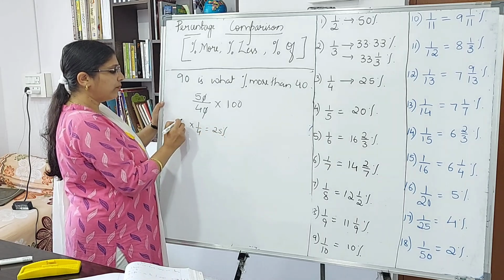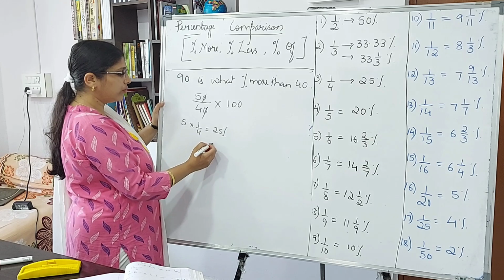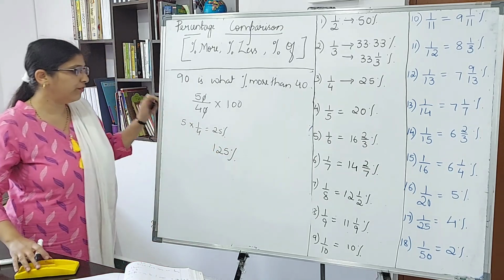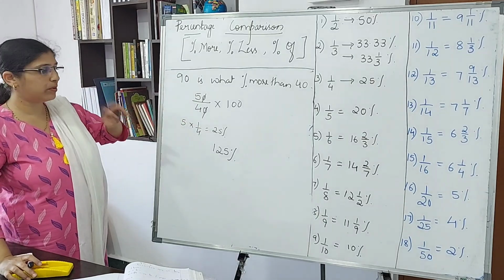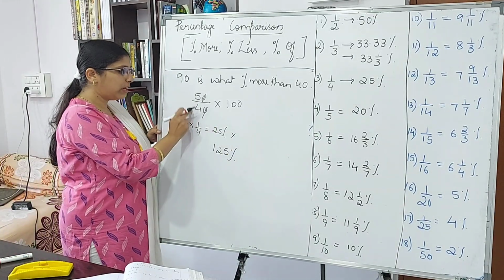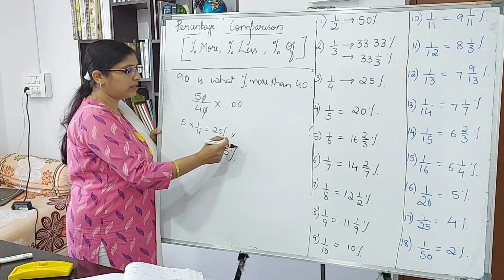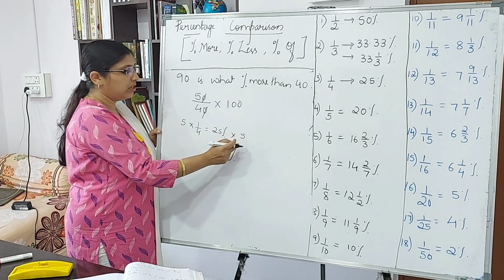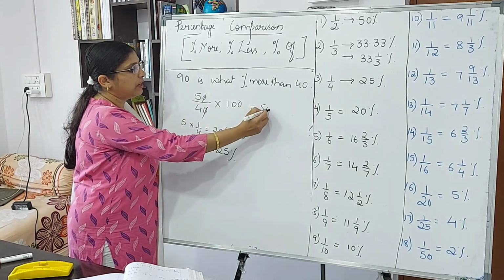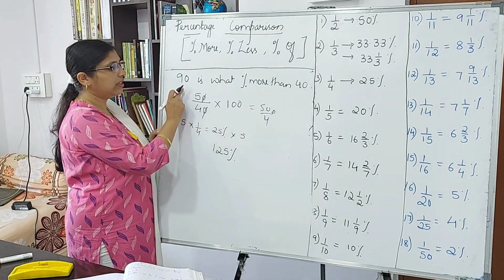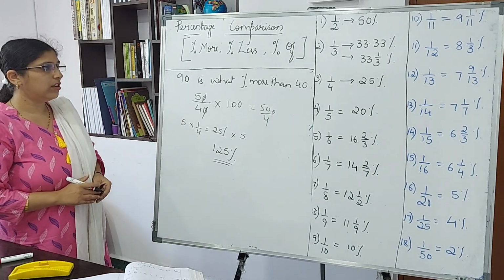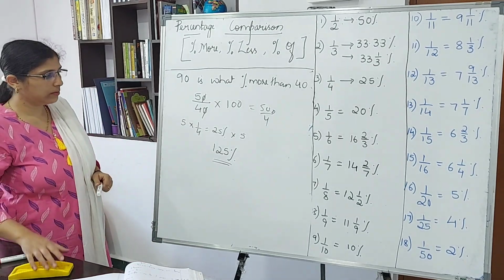So into 5, isn't it? Here also into 5, that means 125%. If you knew the fraction 1 by 4 is 25%, directly you could have written it by multiplying this side also. When will you get 5 by 4? When you multiply with 5. So multiply this side also. So 5 into 25 is 125%. So don't divide 500 by 4 and all that. Okay. So directly, 90 is 125% more than 40. Okay.